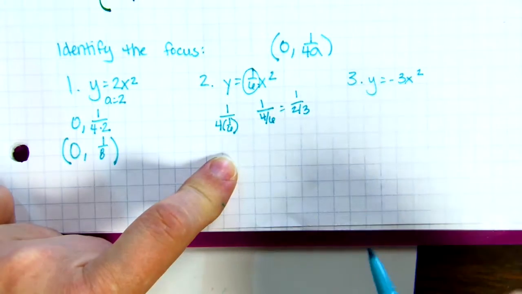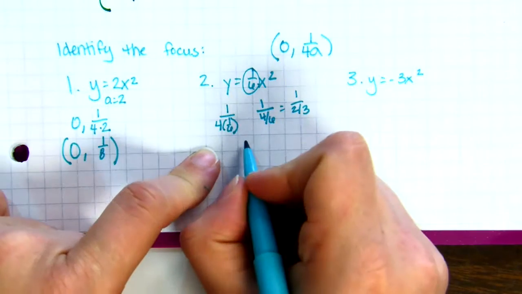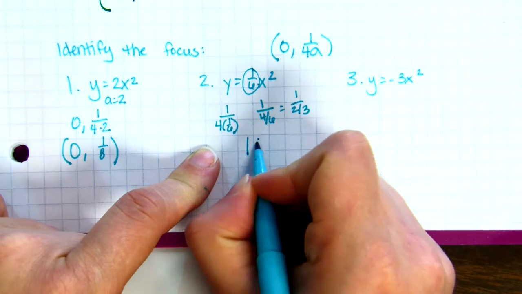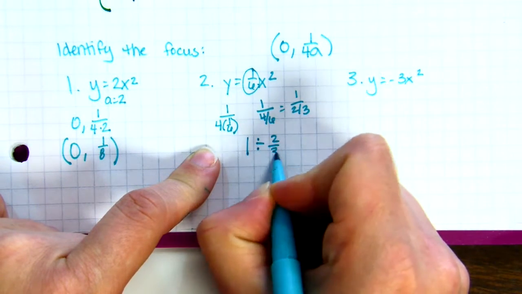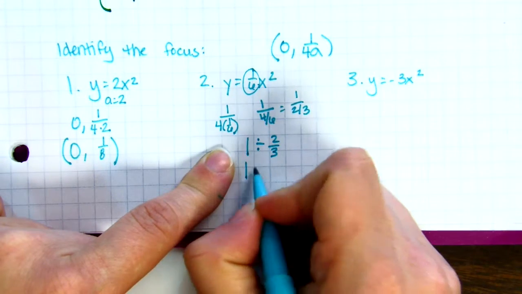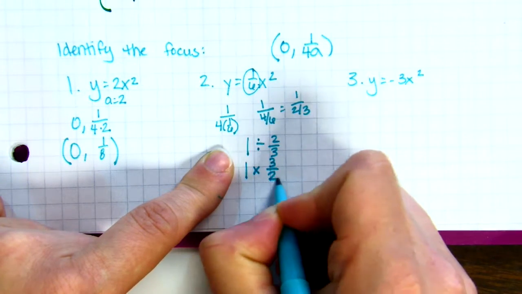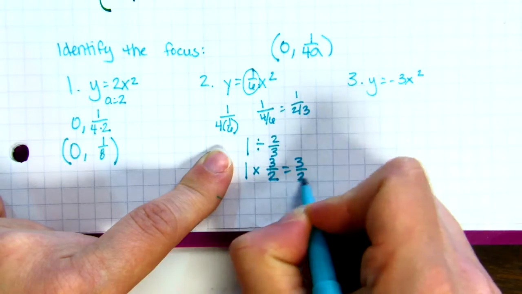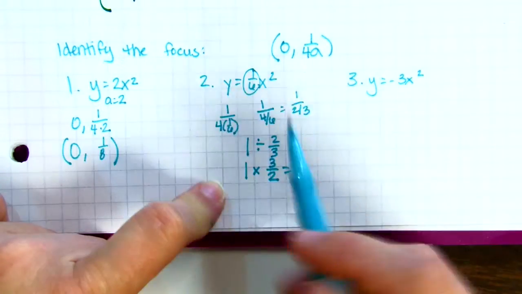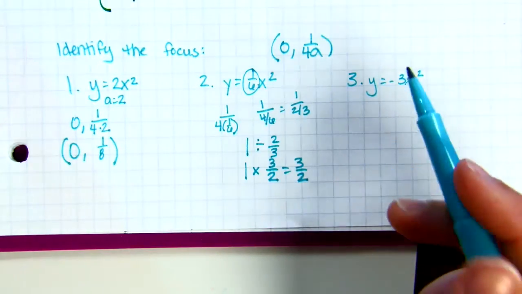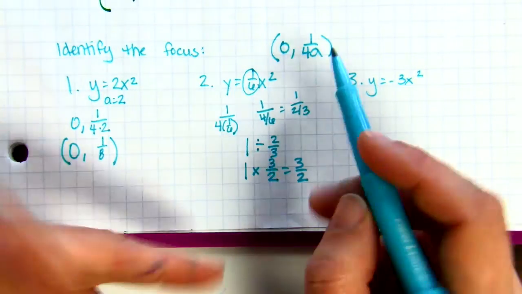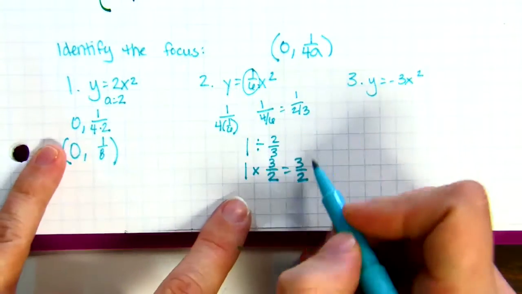But we don't like fractions in fractions. So the way that I always think about this, it's 1 divided by 2/3, or 1 times 3/2, which is just 3/2. So we had to do some extra manipulation. It's not hard, you just probably haven't done it in a while, so you forgot how you can do that.